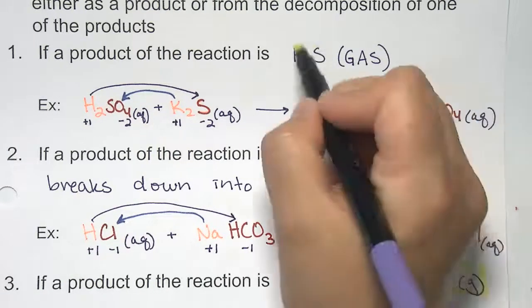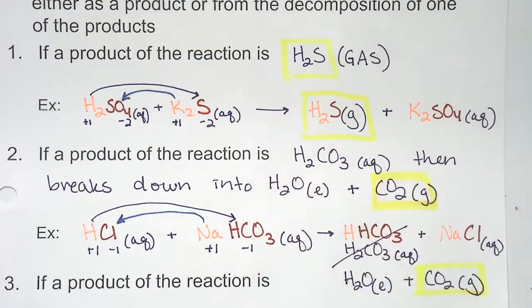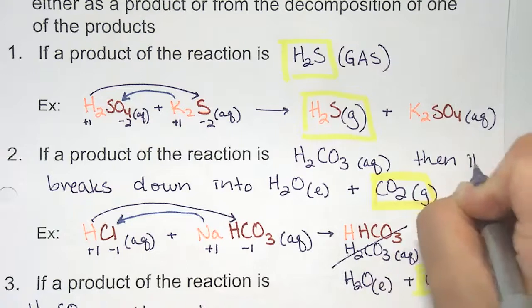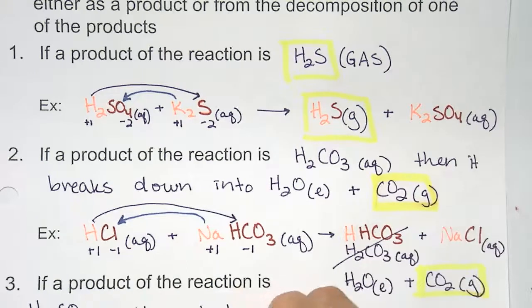Okay, now another example. If the product of your reaction is H2SO3, then it breaks down into, Valentina, can you guess what it breaks down into? If it's similar to the previous one.